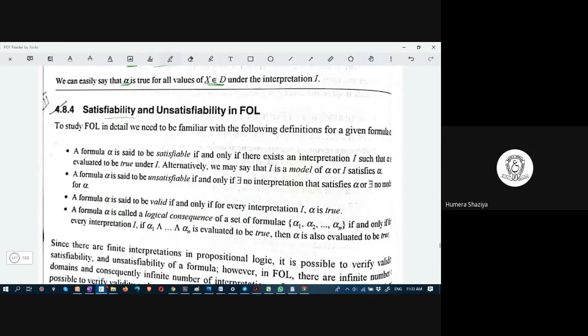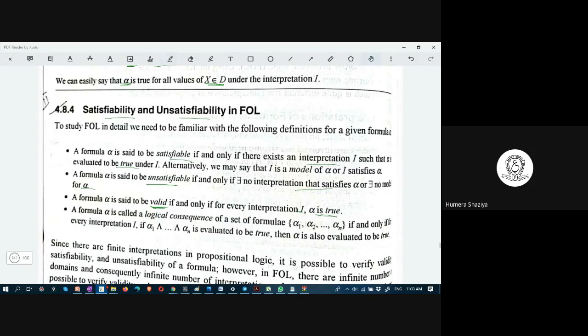There is a concept of satisfiability and unsatisfiability in FOL. Satisfiable means there exists an interpretation such that it evaluates to true. Unsatisfiable means there is no interpretation that satisfies alpha, or no model for alpha. It is valid if for every interpretation I, alpha is true.